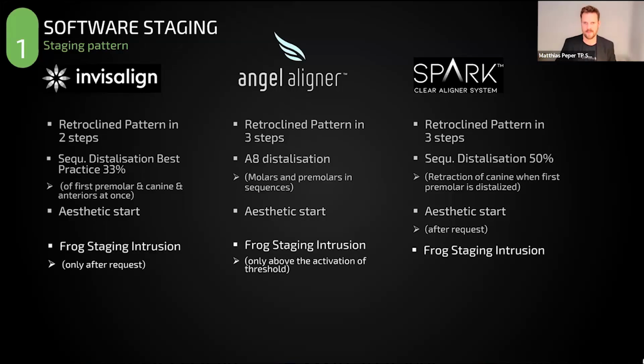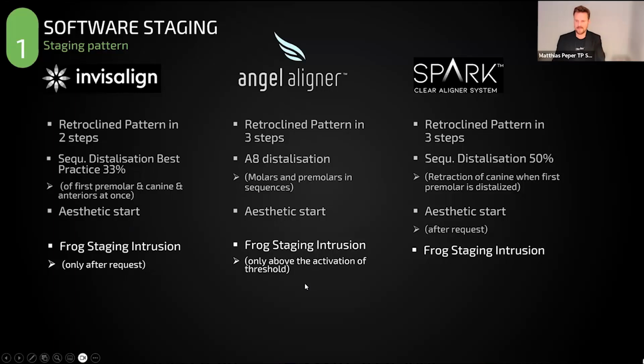Now we're talking about the frog staging intrusion. For Invisalign, the frog staging intrusion comes only after request. Normally, we don't receive a frog staging intrusion, so we need to ask for it. If we ask for it, no problem, we receive it. For Angel Aligner, the frog staging intrusion comes only above the activation threshold.